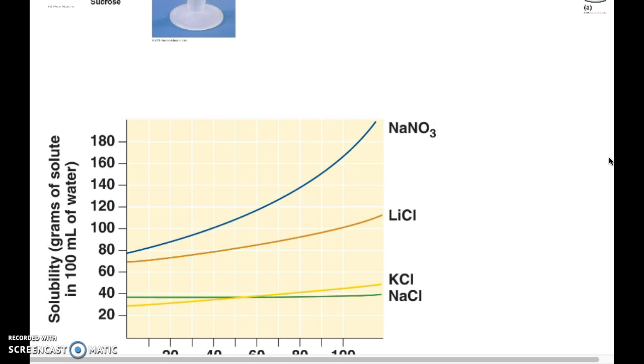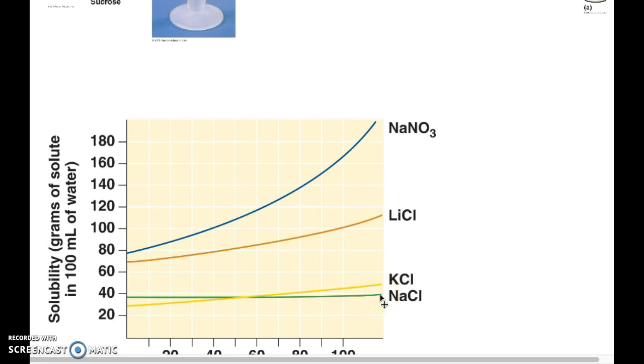Lithium chloride will also increase, not nearly as much, but some. Calcium chloride will increase slightly, but sodium chloride, which is salt, really doesn't matter much. It did increase slightly, but you can hardly even see it on the graph here. It will increase very, very little.